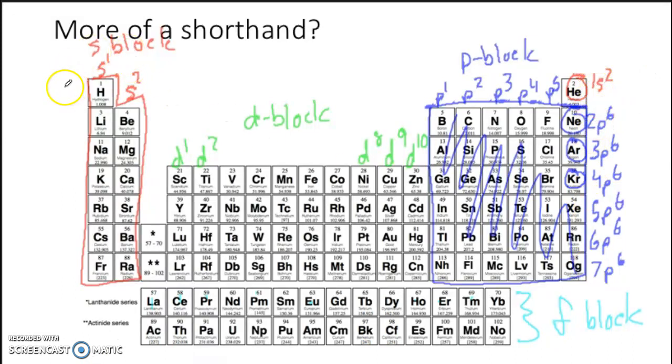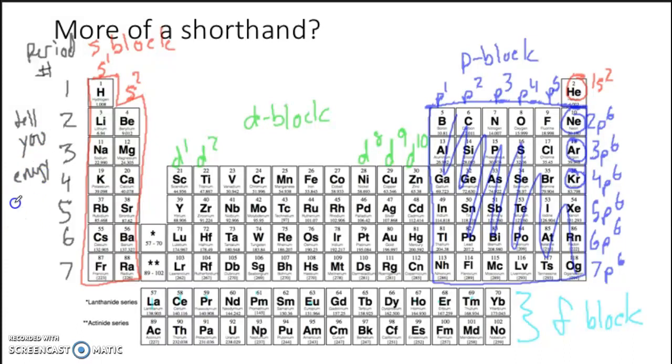Well, if you've never noticed, on the left-hand side of your periodic table, you have a set of things called period numbers. We've used the groups across the top, but these are period numbers. And those period numbers tell you the energy levels in s and p, right?